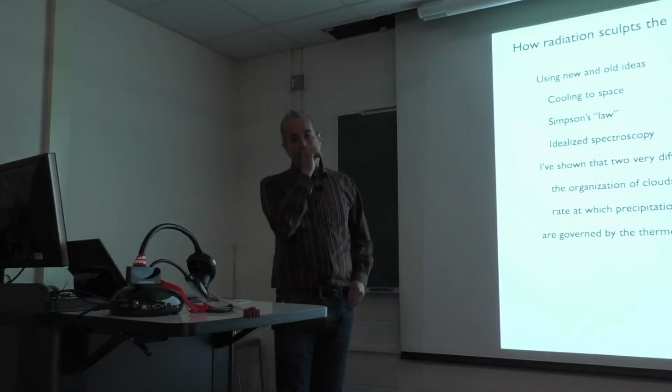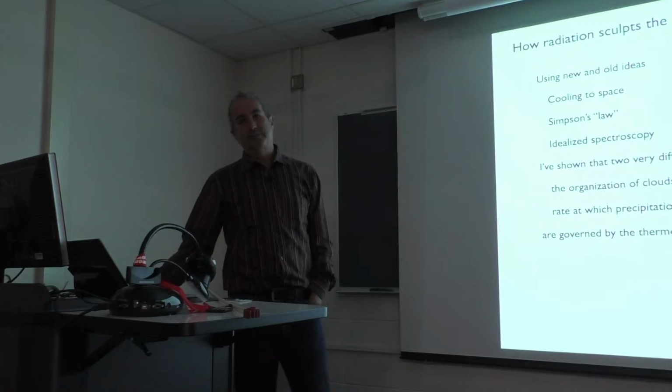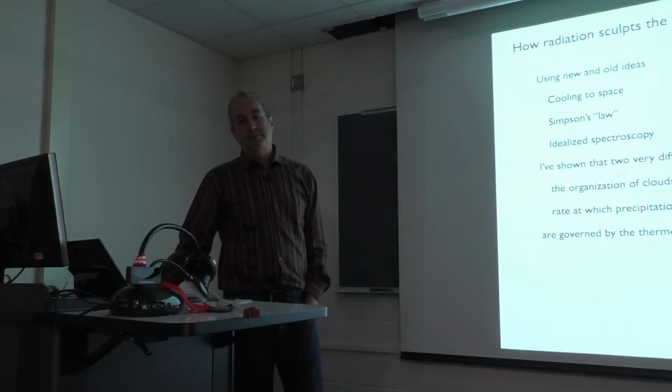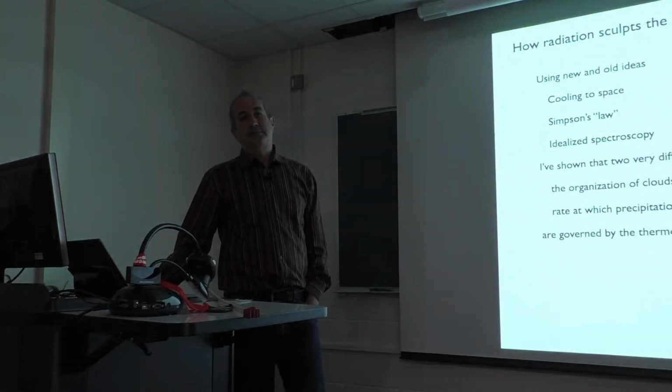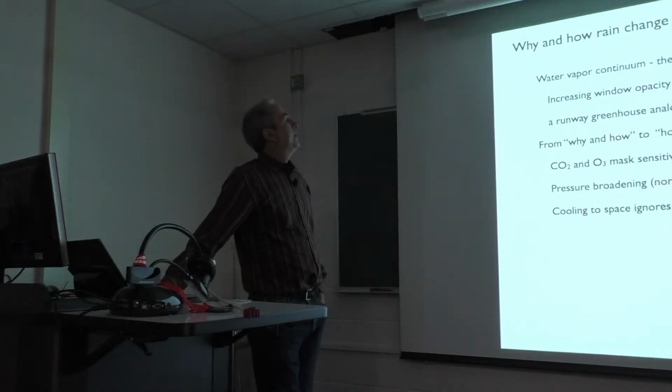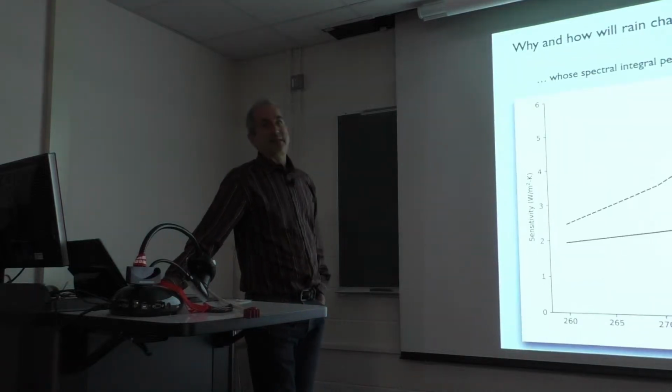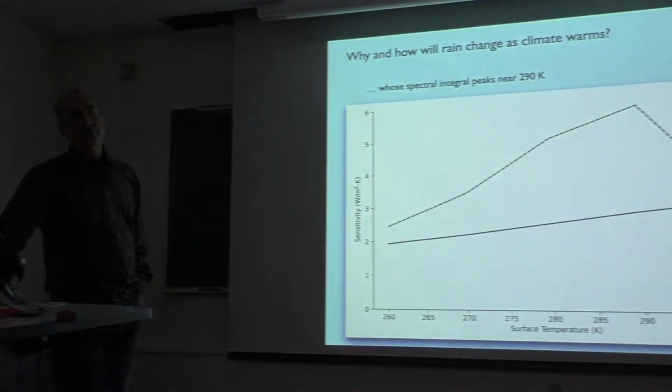And so as you warm, you're basically moving that threshold farther and farther into the subtropics, because as you warm, you're closing that window off in a bigger and bigger portion of the planet. Yes, I think that's a fair interpretation.